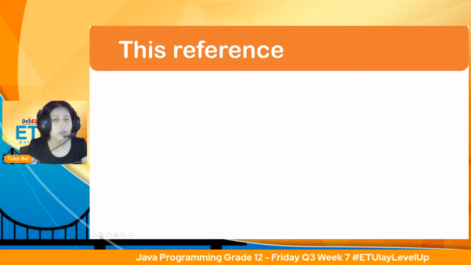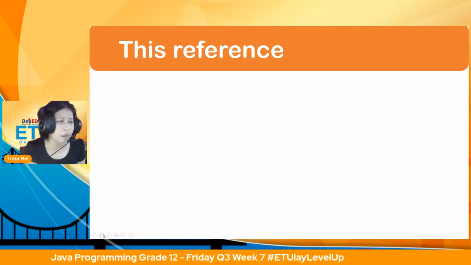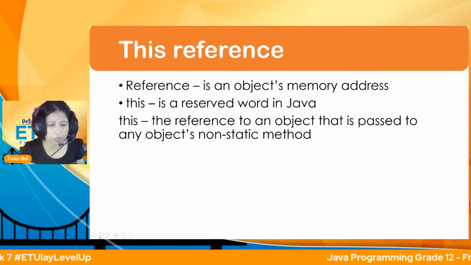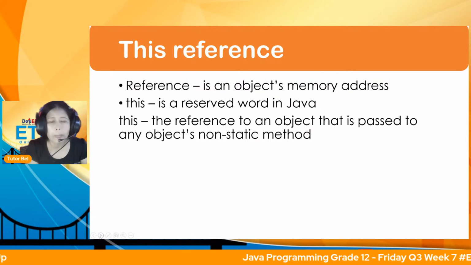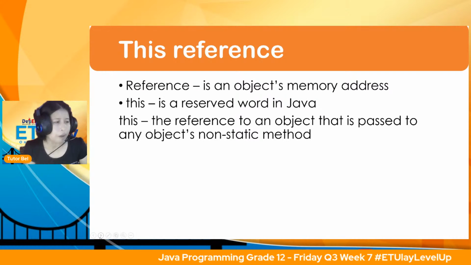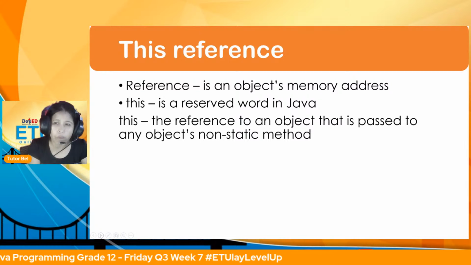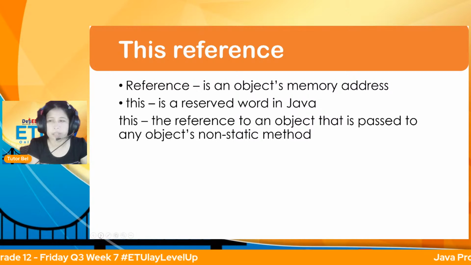Okay, so there is another important thing when it comes to inheritance. Besides the keyword final, we also have the so-called this reference. What is the role of the this reference? It is called a reference. It is an object's memory address reference.